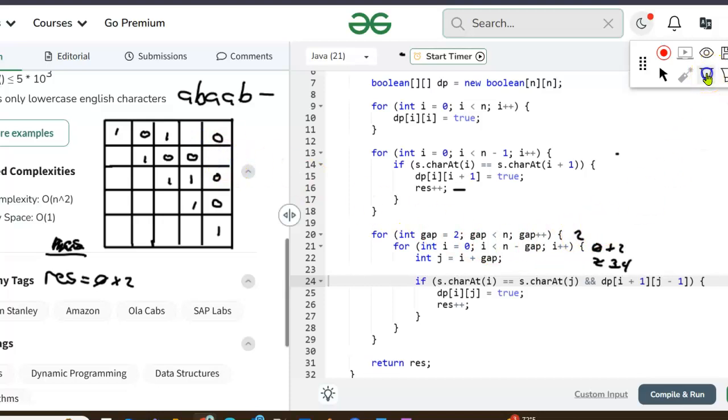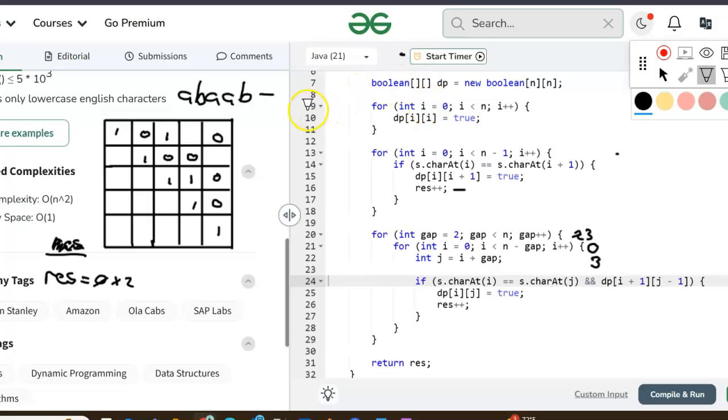Let me erase these because that's where we are now. Gap is now going to go to 3. Gap is 3. Can I erase this stuff? All right. So i starts out at 0. j starts out at i plus gap, which is 3. 0, 3.